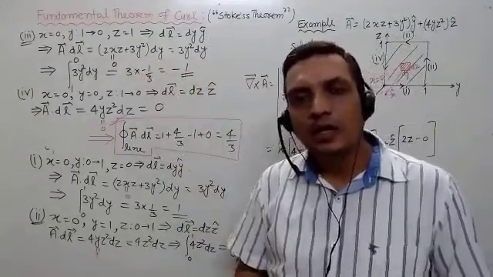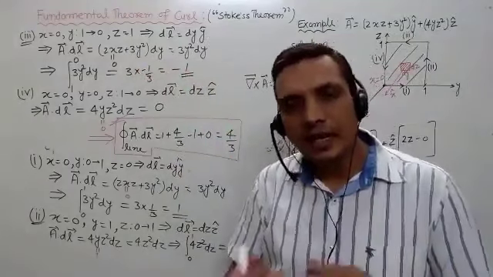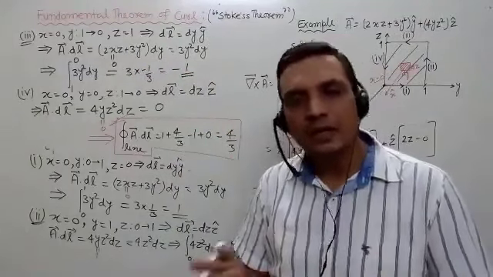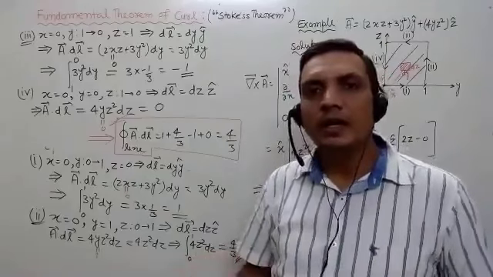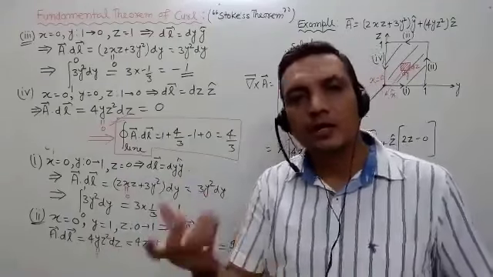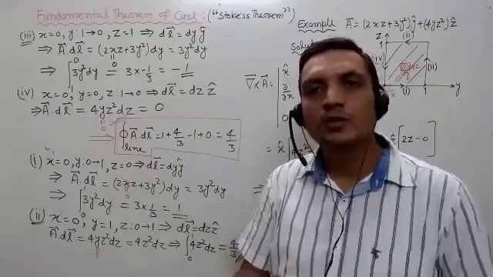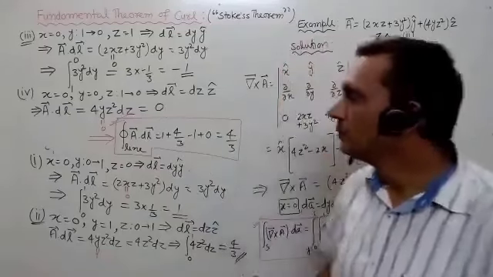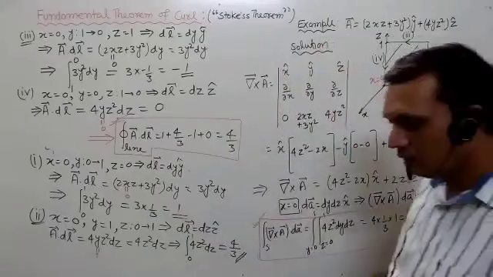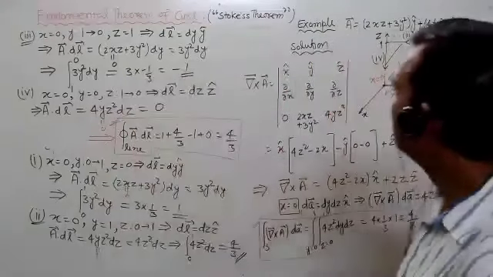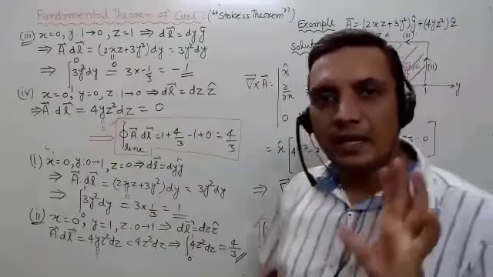I told you when it is electric force, that will give you work done. The work done in an electrostatic field may be 0 because curl of A is 0. So that we will discuss. In this case, I am just explaining how to calculate it. It is a general vector A, any vector A.